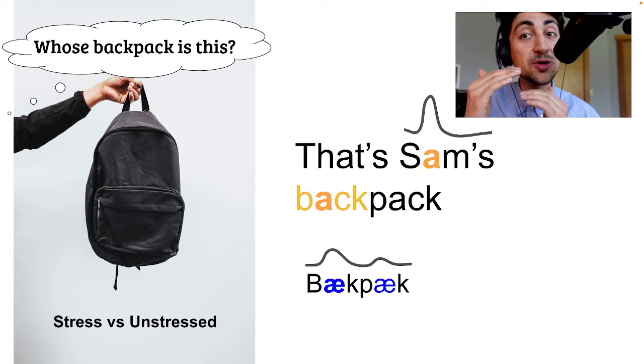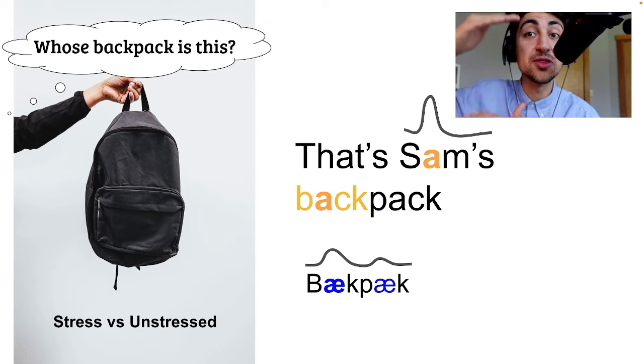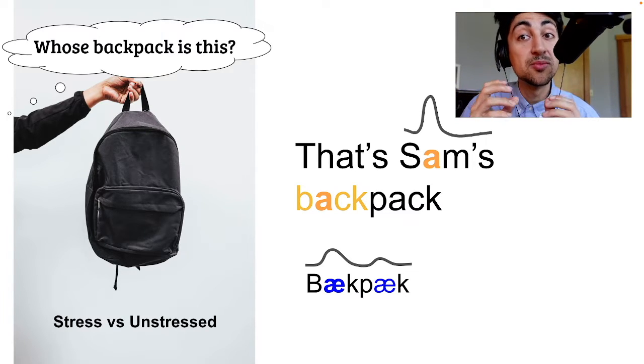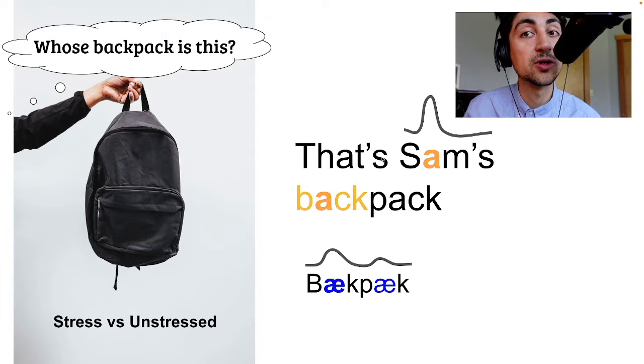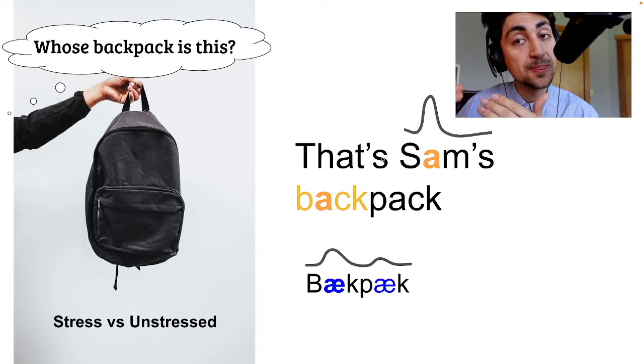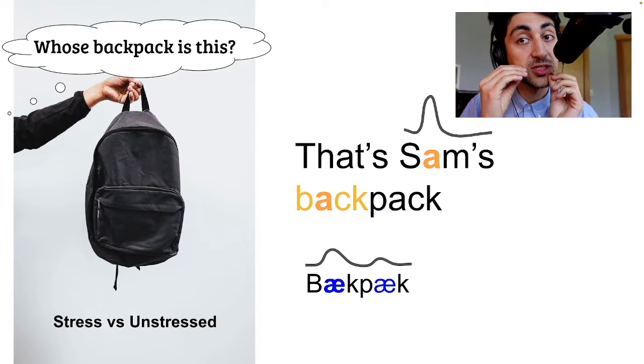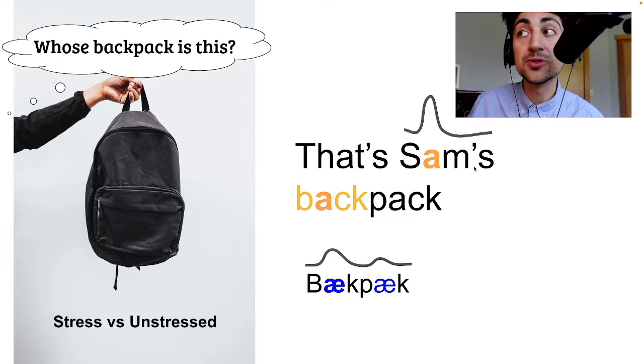En español se puede decir esto con menos entonación y variación de volumen y estrés, pero no en inglés. And this is something that we'll look at more in further videos. But here I just want to say, because it's what's the most important part of this sentence? Someone asks you, ¿de quién es esto?